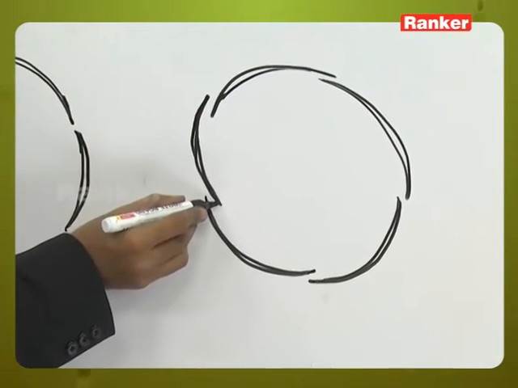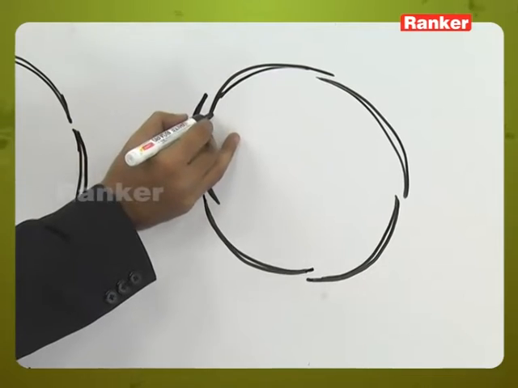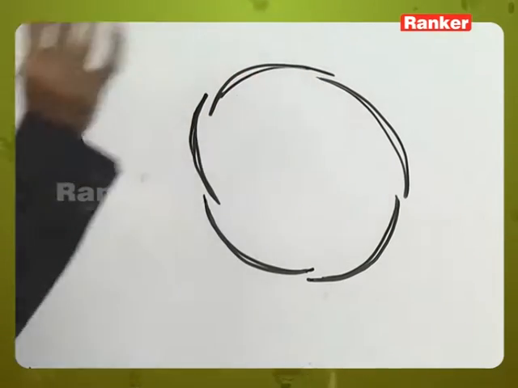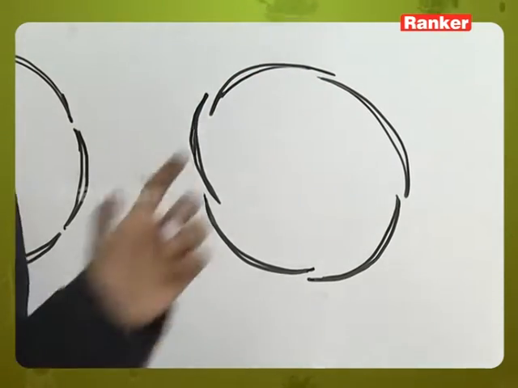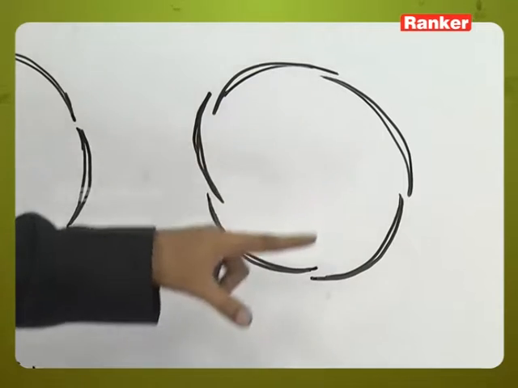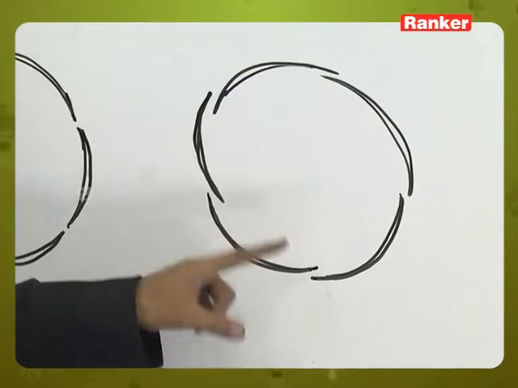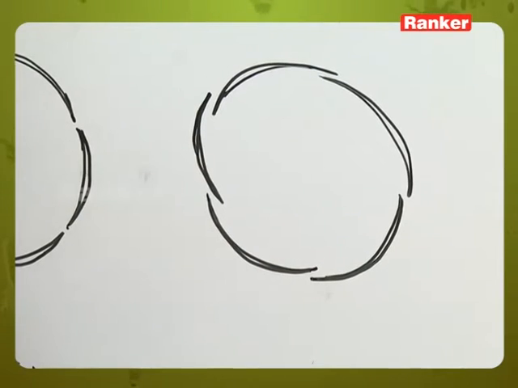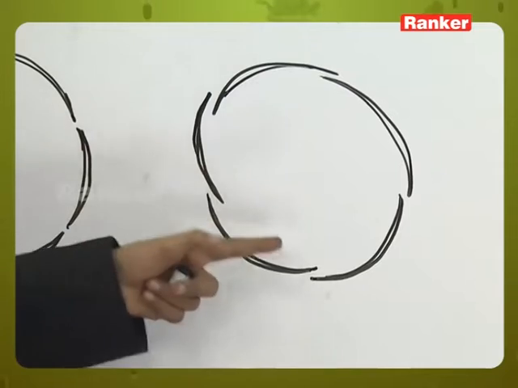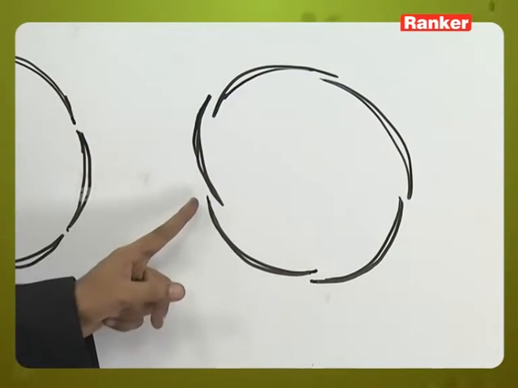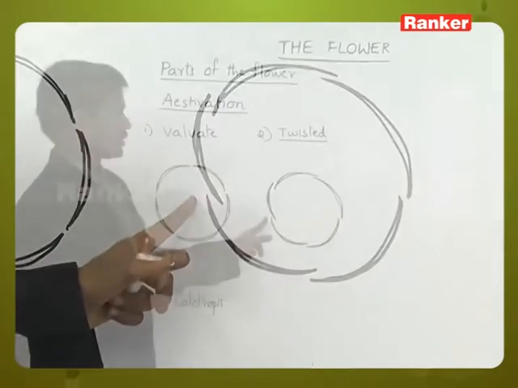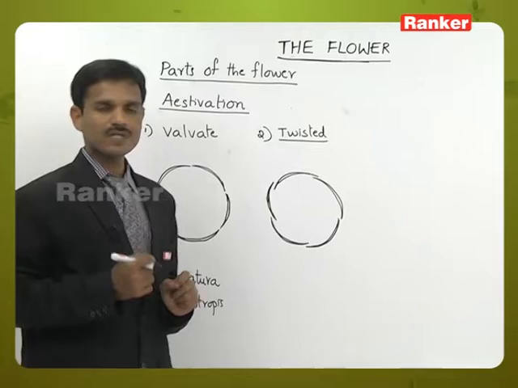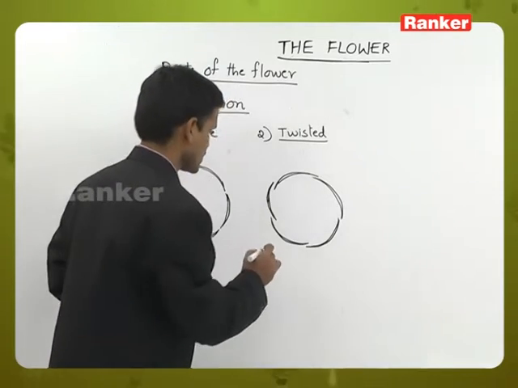Here one margin is inside, one margin is outside, and the same in all the floral parts. One margin is overlapped and the other margin is overlapping. The twisted type of aestivation is observed in hibiscus.